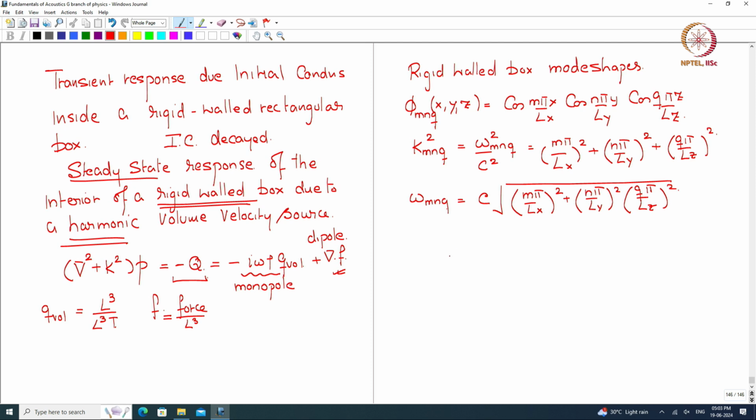So let me draw the picture now at least. We have a rectangular box which is rigid walled.